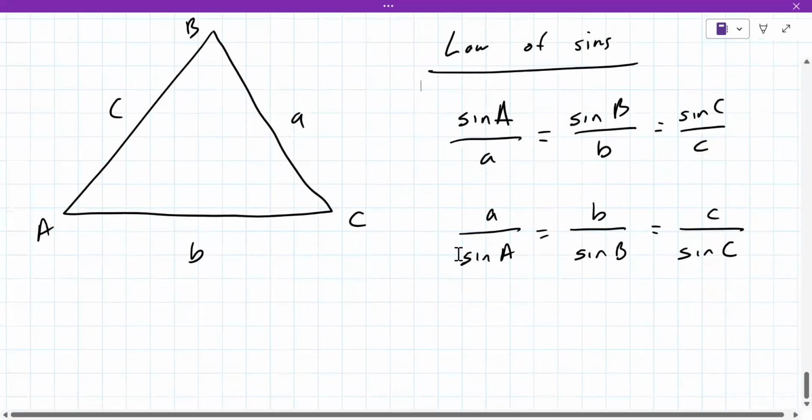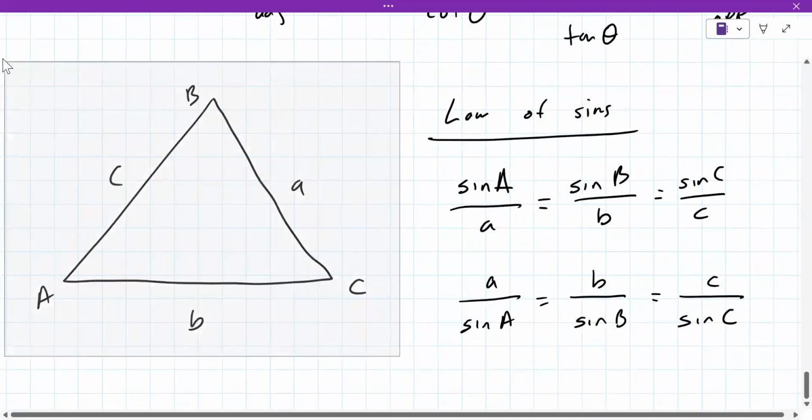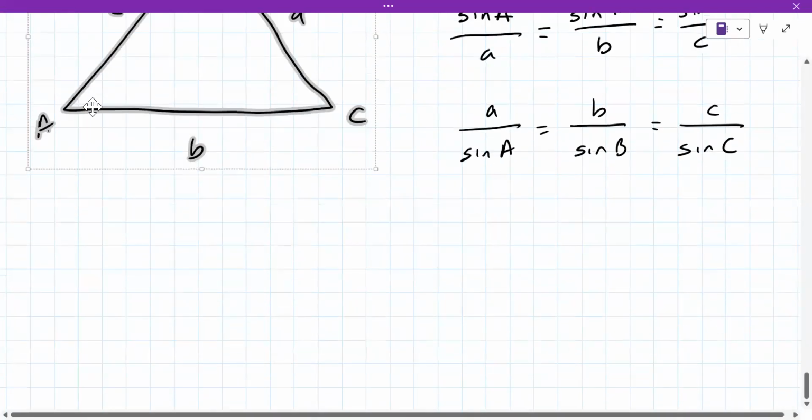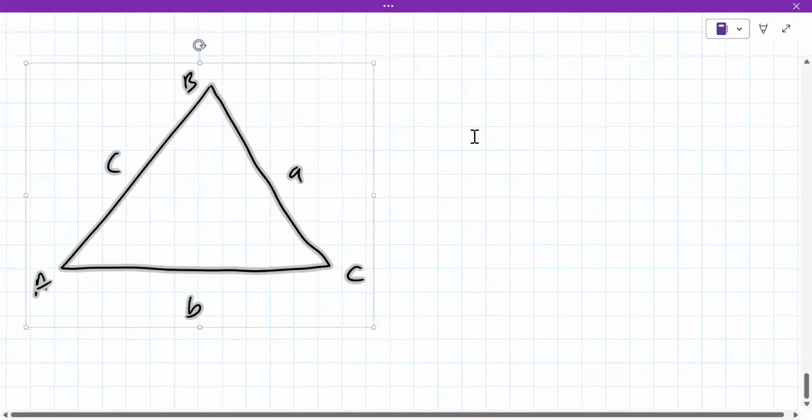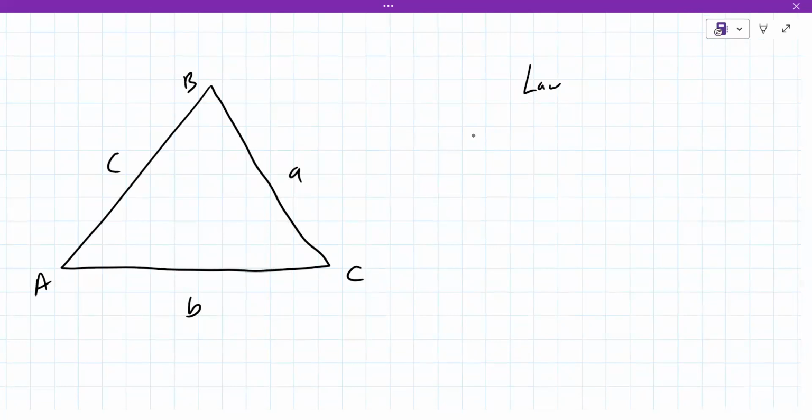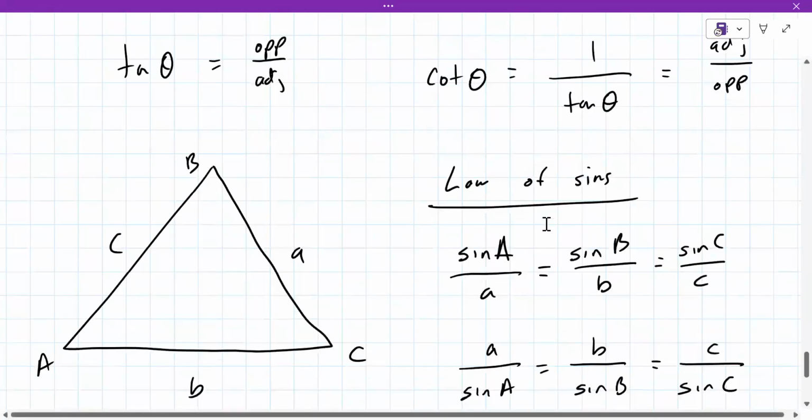There's also law of cosines. So use law of cosines when you have all three sides or a side angle side situation. And I didn't say this about when you use law of sines.